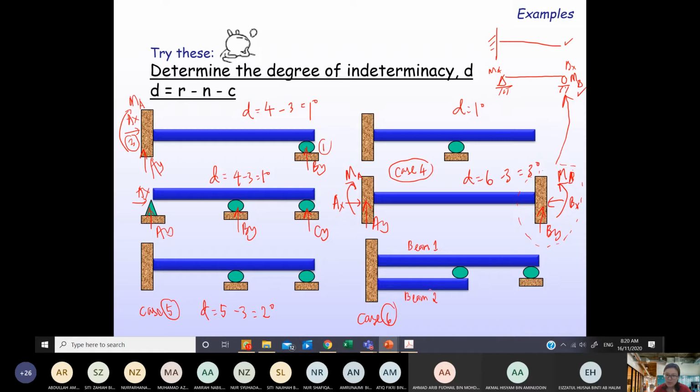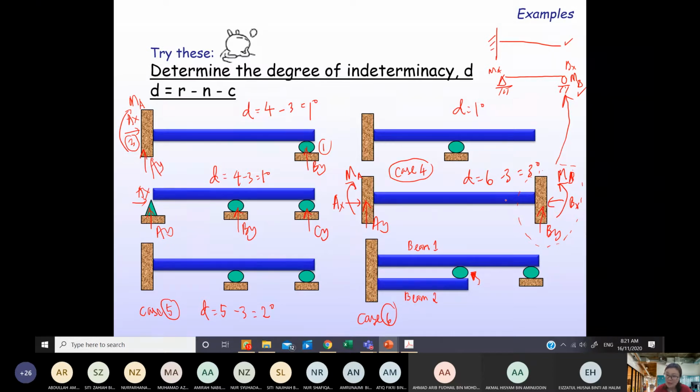Actually beam 2 is supporting beam 1 at this roller, at this connection. So I would suggest you to analyze these beams separately. Okay, how to do that?